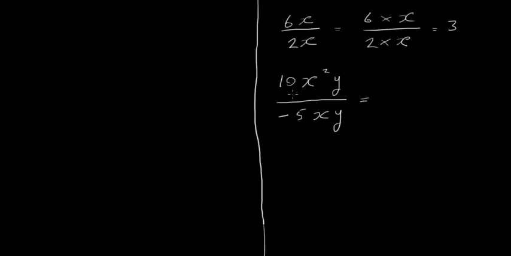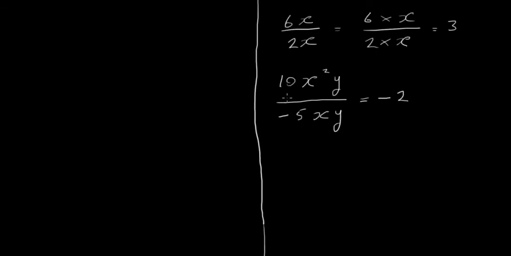Do the signs first, do the numbers next, and then do the letters individually. So let's take the signs first. We have a plus here, and we're dividing by minus. Plus divided by minus is minus. So now we have the signs done. You can forget about signs from now on. Now just concentrate on the numbers. 10 divided by 5 will give us 2.